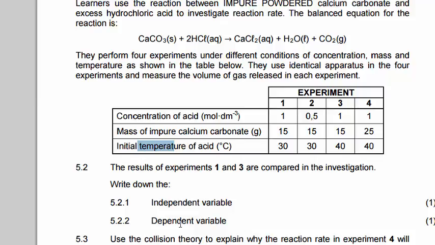What did we change in that experiment? Concentration. So, experiment 1 and 3, what changed? The initial temperature. Is that something that changed because of something else, or is it something that I changed? Yeah, it's something that we changed.